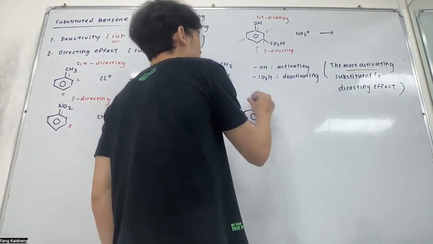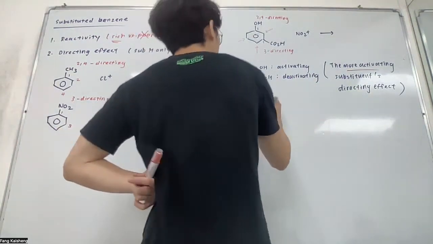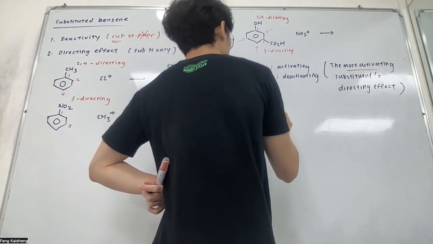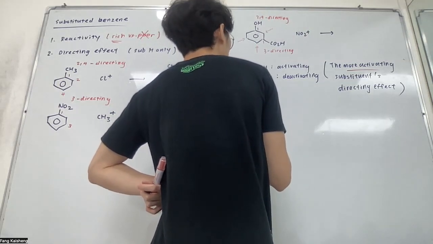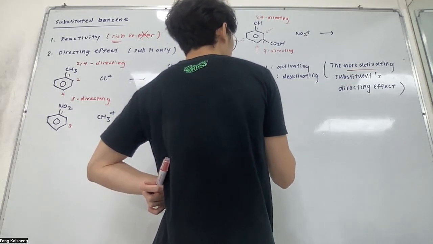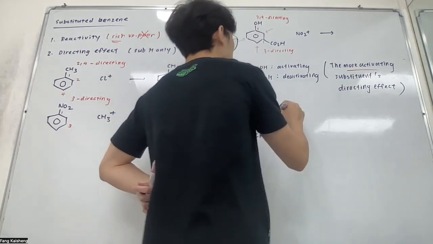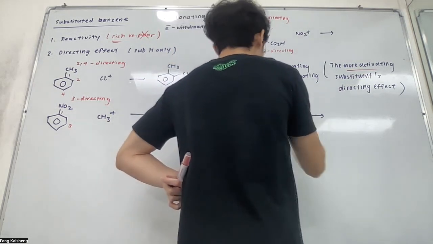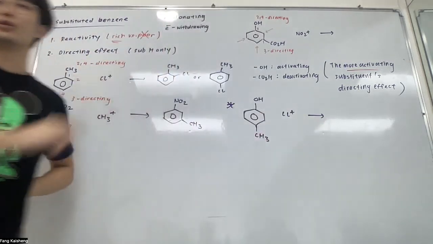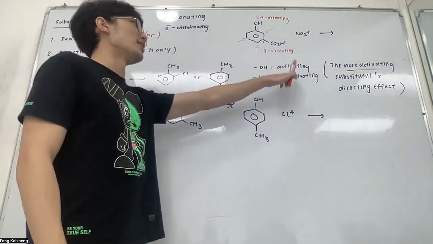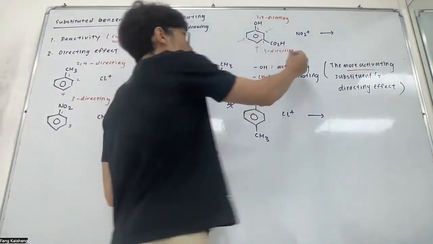What if we have this? Okay, guys, look at this one. This scenario is a little bit tricky, but I think it's good to go through it now. Just now we talked about what's activating and what's deactivating, and you follow these two things.